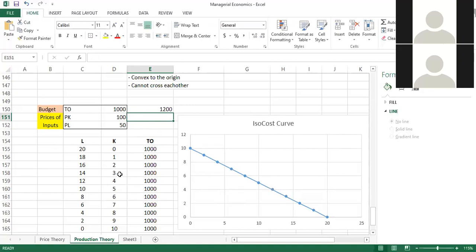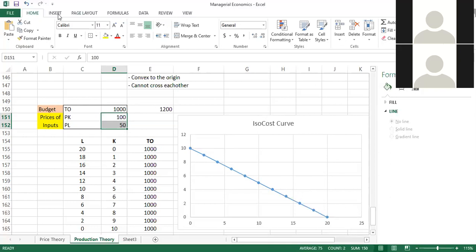That means while the prices remain the same, if the firm decides to spend more for the inputs, the iso cost curve will shift. Now they can purchase either 12 units of capital or 24 units of labor.